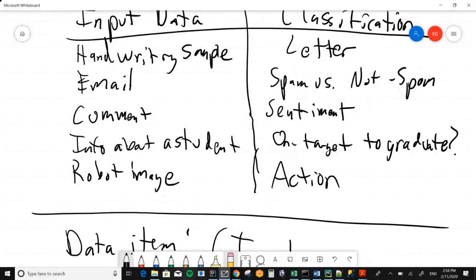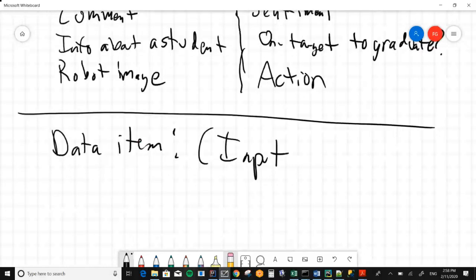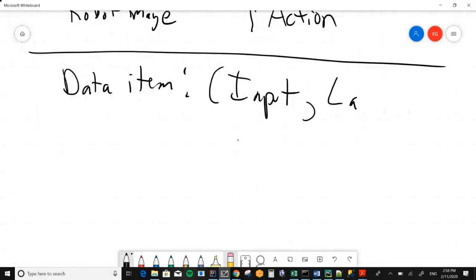Info about a student is basically just a fairly straightforward object with fields about different things, like grades and that kind of thing. So it's just an object of some class, right? So you need input, and then for each input, you also need a label.